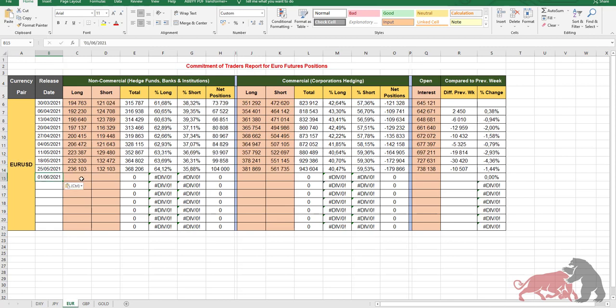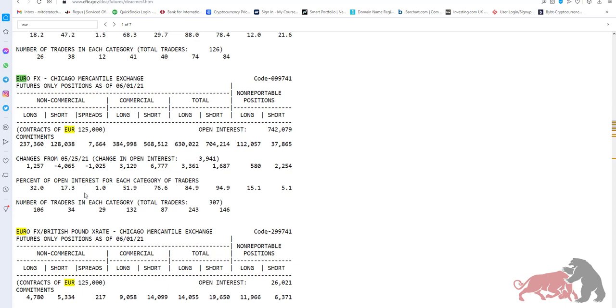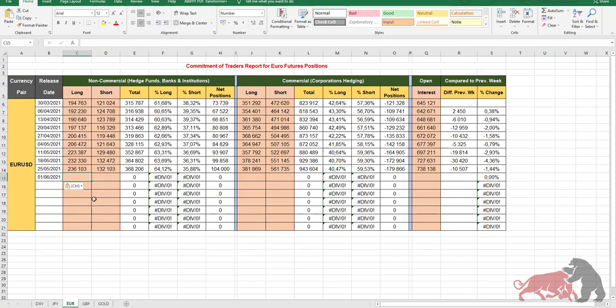The non-commercials are holding 237,360 long exposure. What have they done there? They've increased their long exposure.